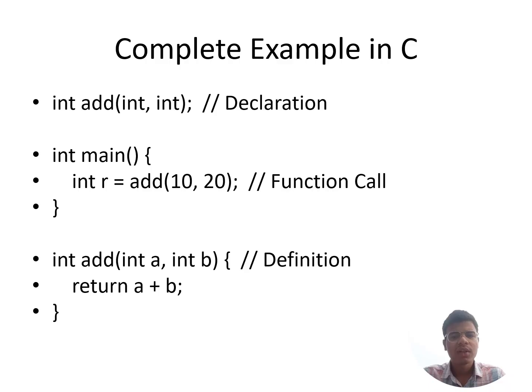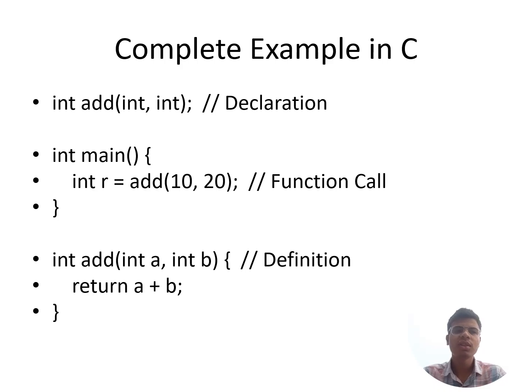The function definition contains the actual code and logic that performs the required operation, making the function work as intended. The function call is used to invoke the function, transfer control to it, and receive the output after execution.